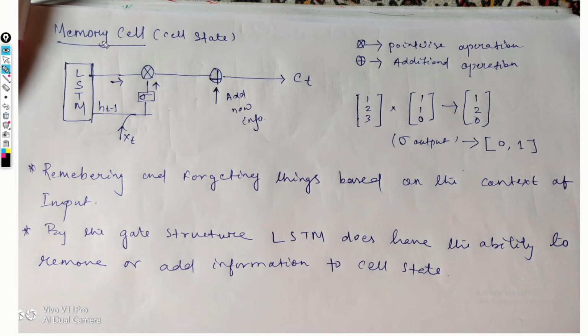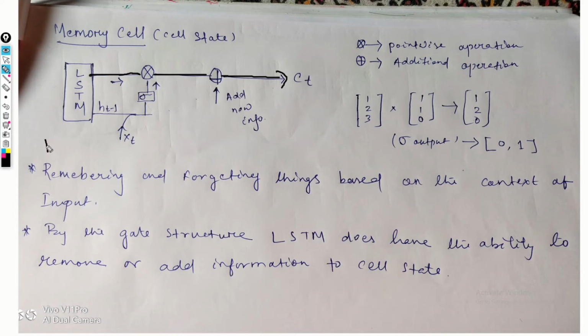So this cell state is responsible for remembering and forgetting things based on the context of input. By this gate structure, LSTM has the ability to remove and add information in the cell state, to remove what is not necessary.